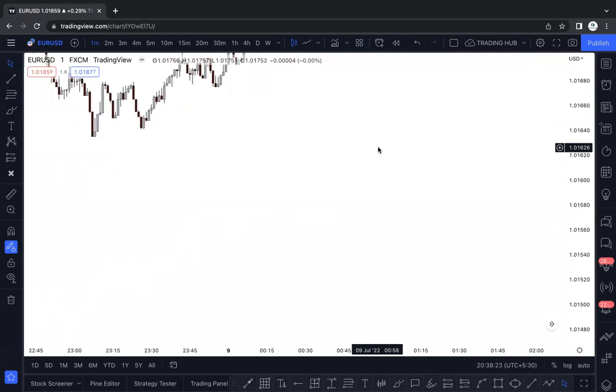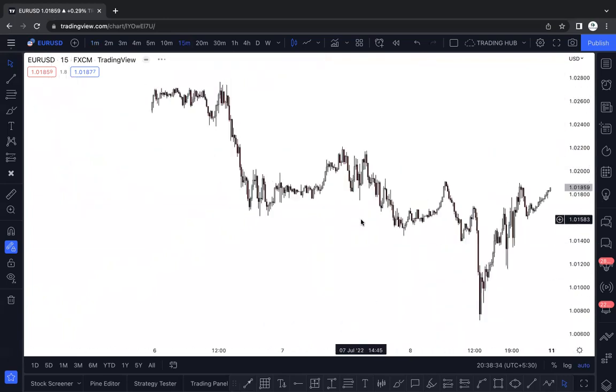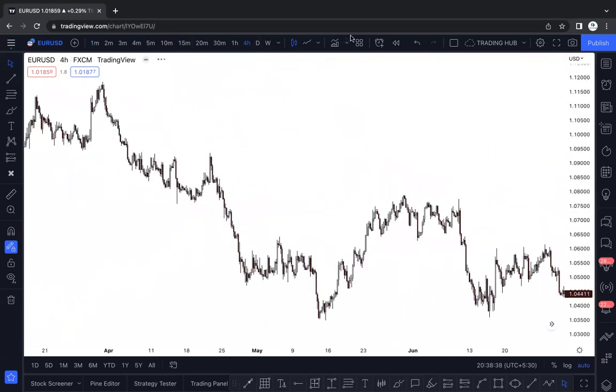First of all, which time frame is the higher time frame for a day trader? Some people mark 4 hour and daily, correct?